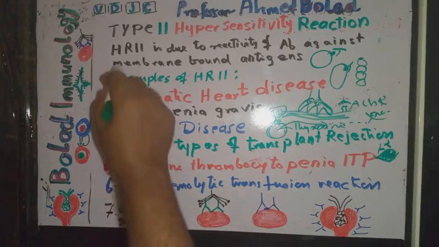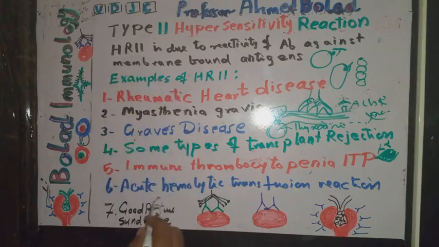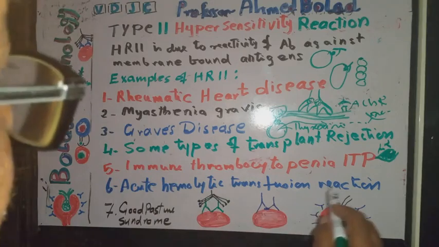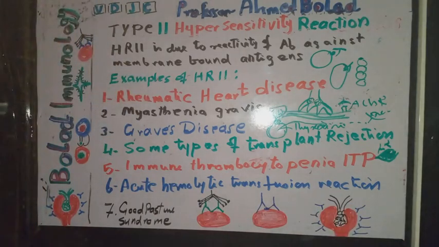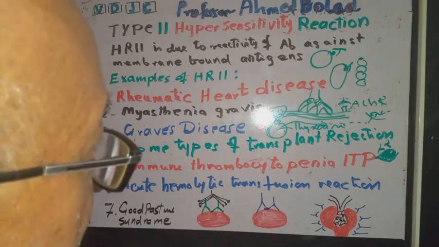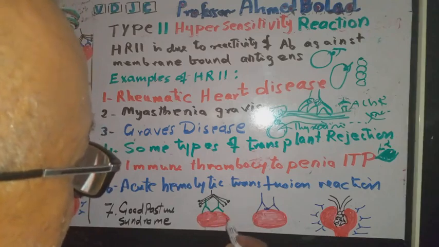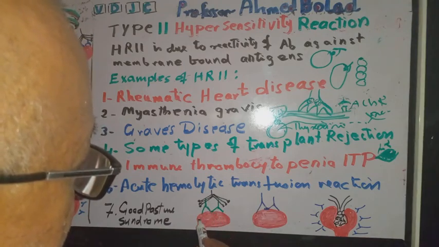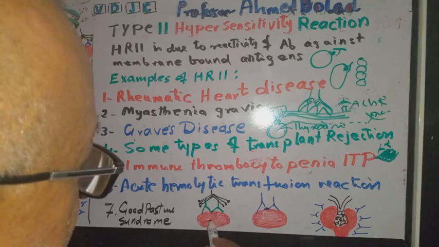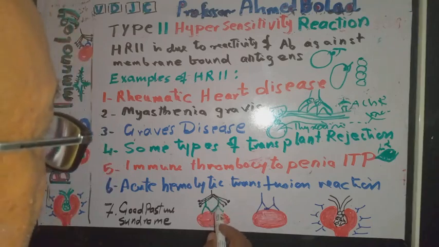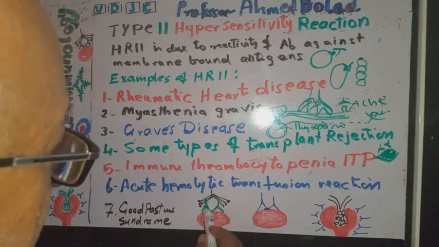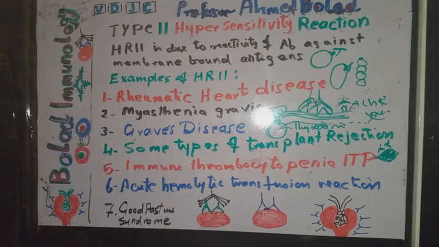Also, one example of hypersensitivity reaction type 2 is acute hemolytic transfusion reaction. This occurs when the transfused blood is incompatible, and usually the donor red blood cells are destroyed by preformed antibodies in the recipient.